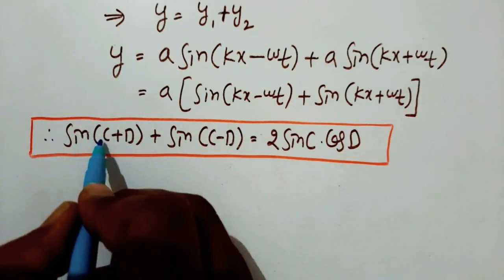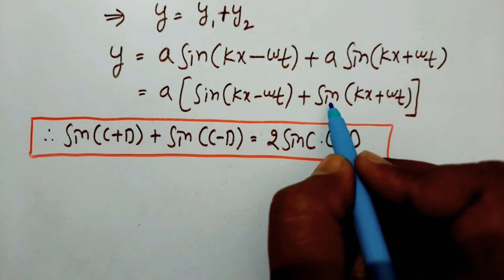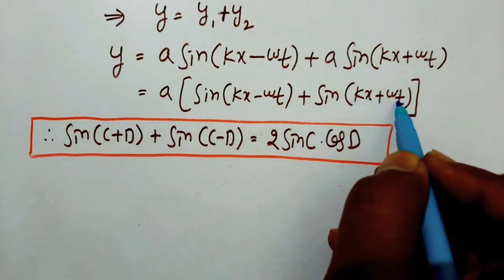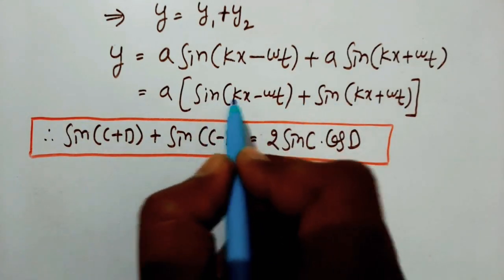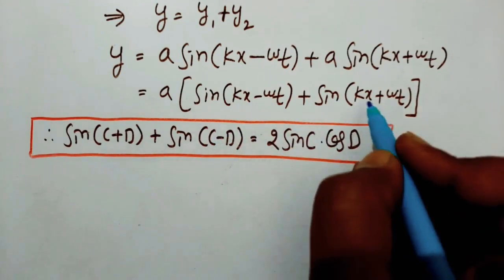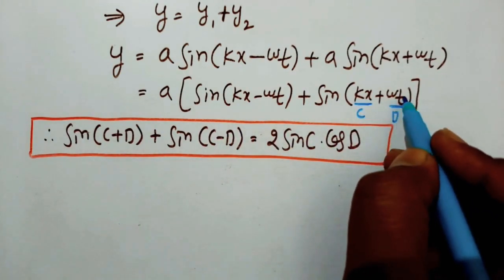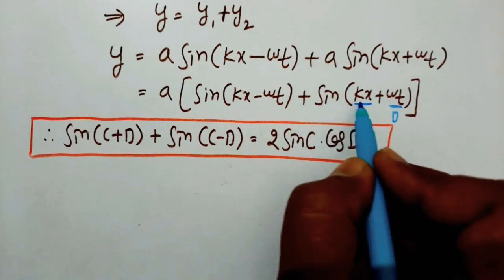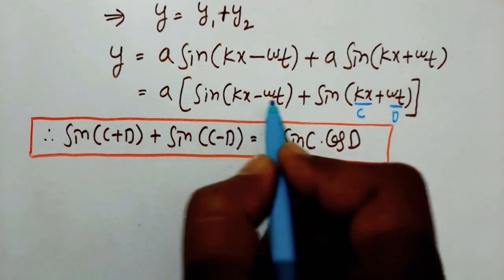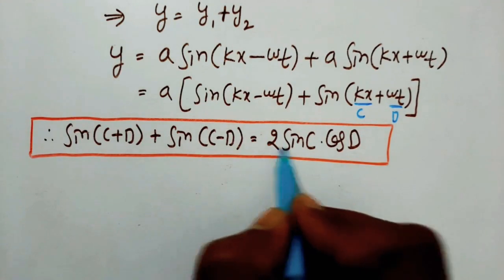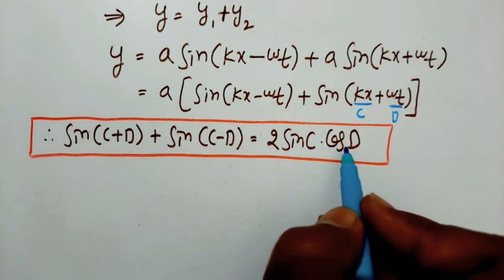Here c is kx and d is omega t. So sin(c plus d) plus sin(c minus d) is equal to what? 2 sin c into cos d.